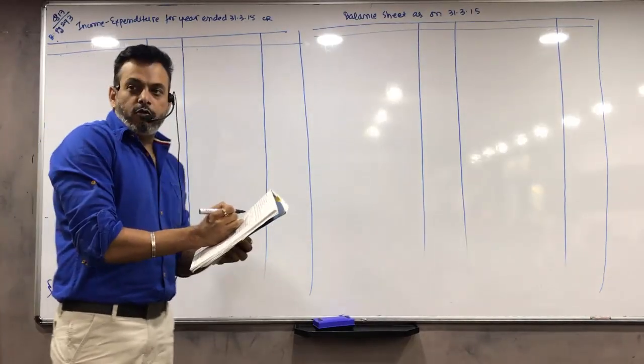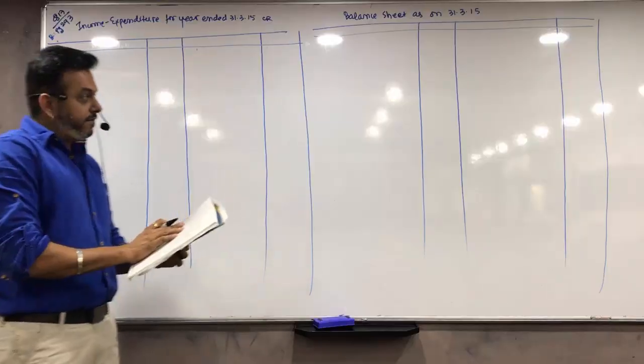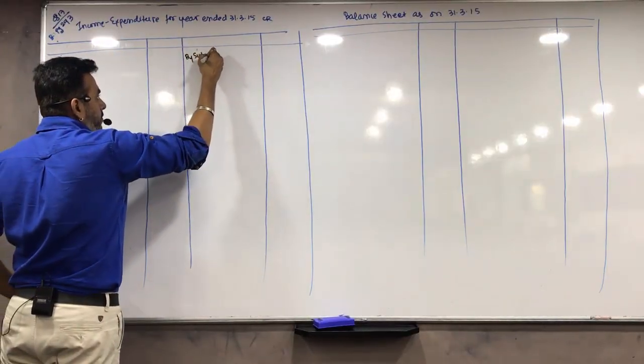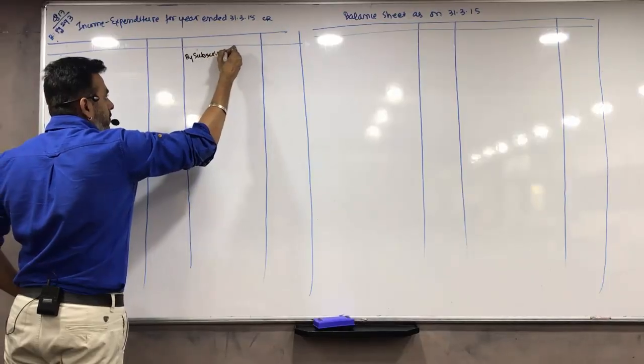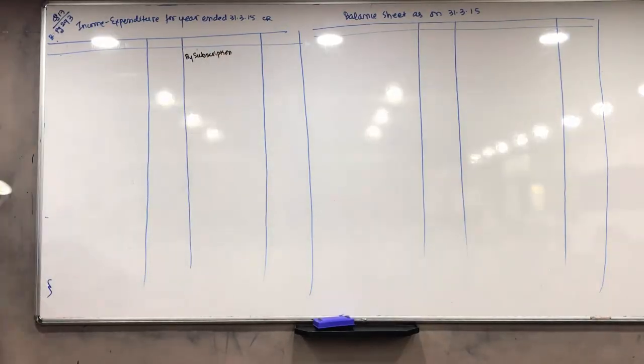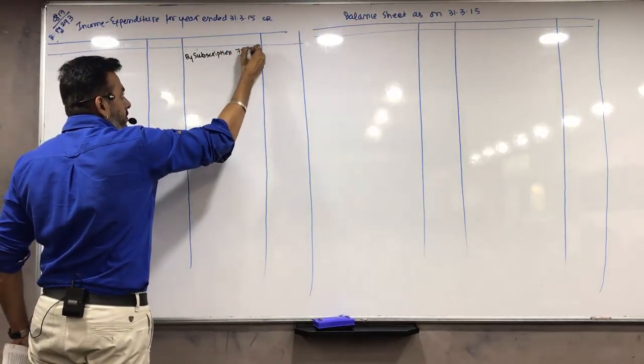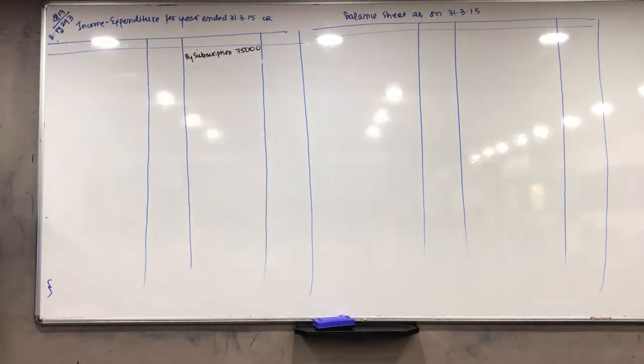Now cash on hand, opening cash balance, we did not do anything. Subscription, by subscription, inner column 75,000.